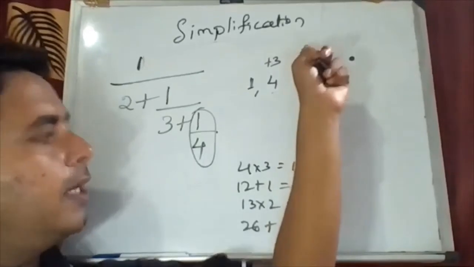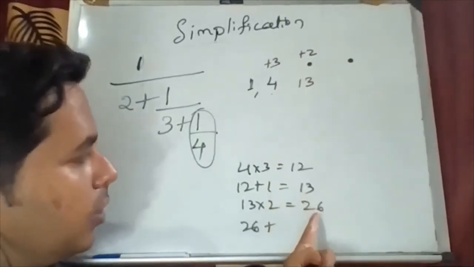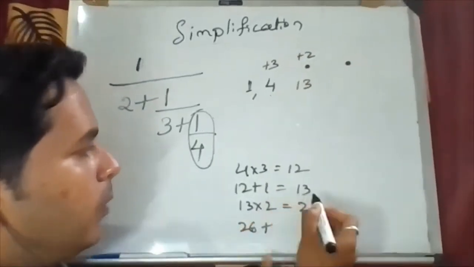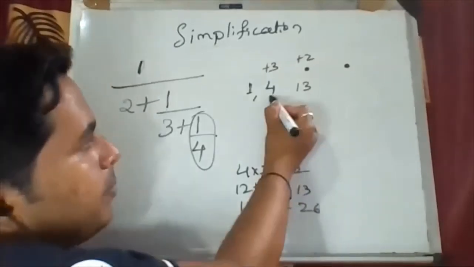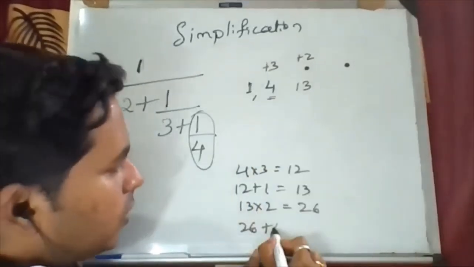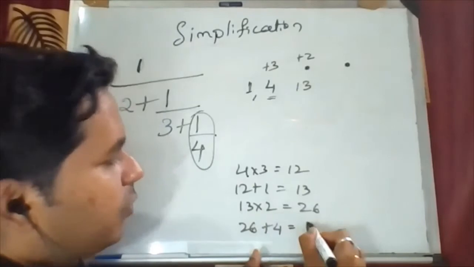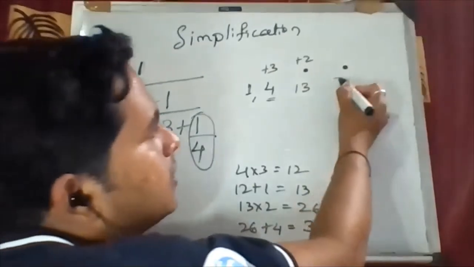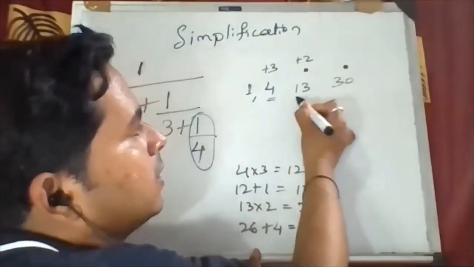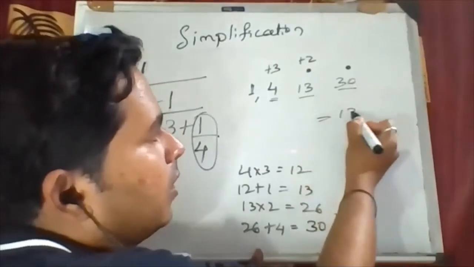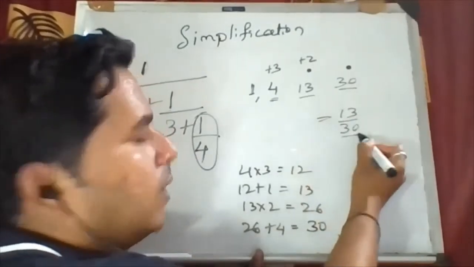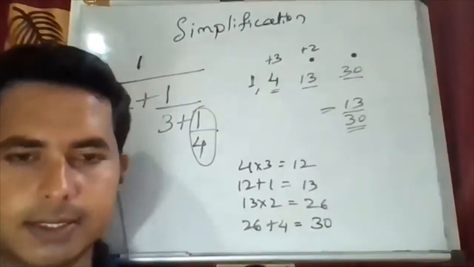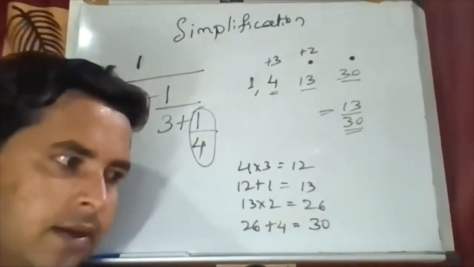Multiply 13 into 2, you'll get a 26. 26 को previous number 13 को add नहीं करना है. What was the previous number? 4. So 13 plus 26 plus 4 will be 30. So you'll get an answer as 30. So this is a numerator and this is a denominator. So 13 by 30 is your answer.